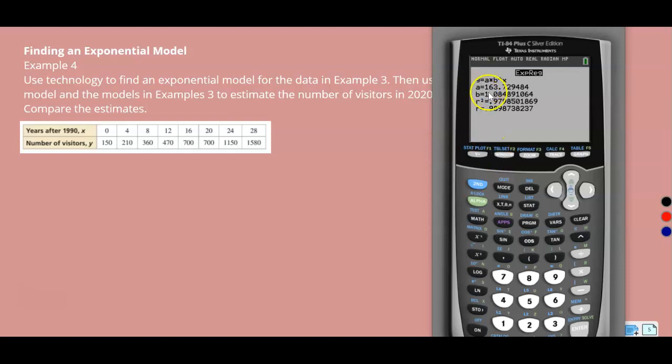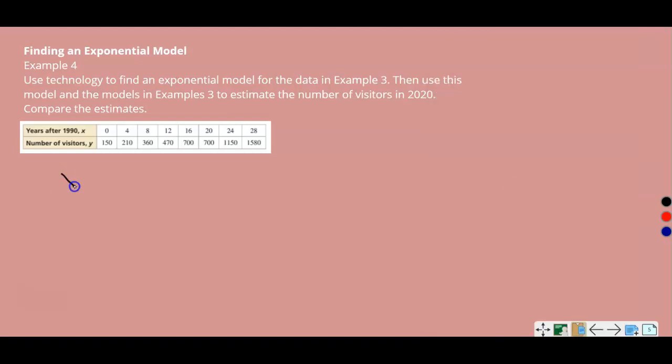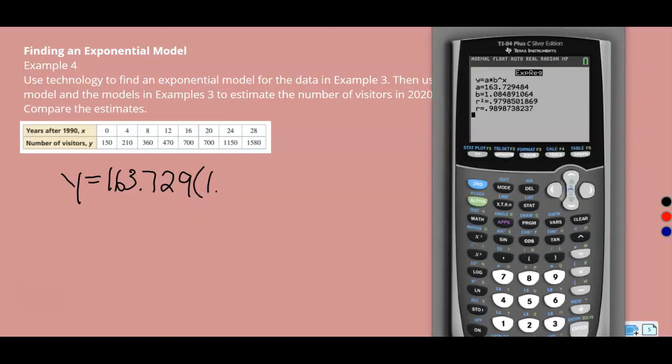All right, so this is our equation. We are going to write that down here so we don't forget it. Okay, y equals, A was 163.729, times 1.084.